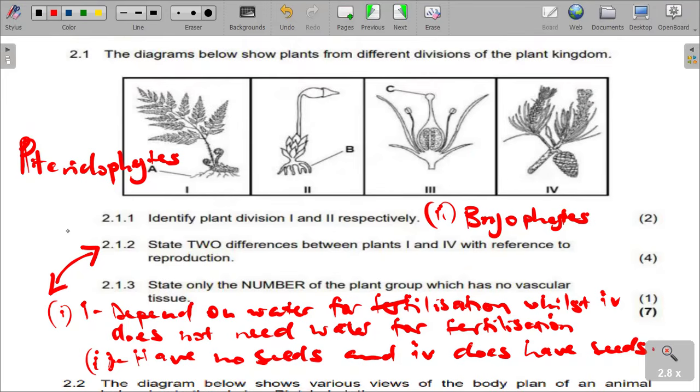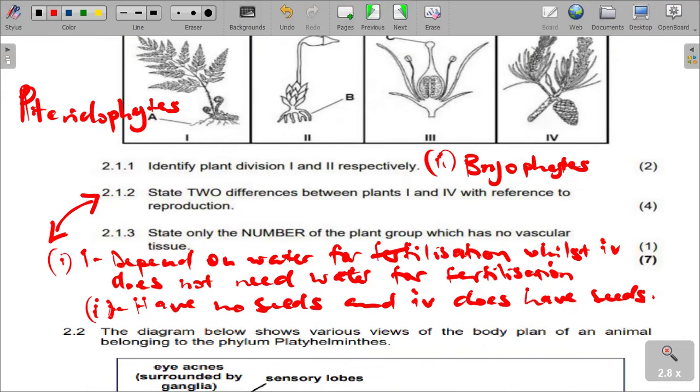Group one needs water for their reproduction, or fertilization, whereas four does not need any water. That is one key difference we can mention. And then one has no seeds, and four does have.